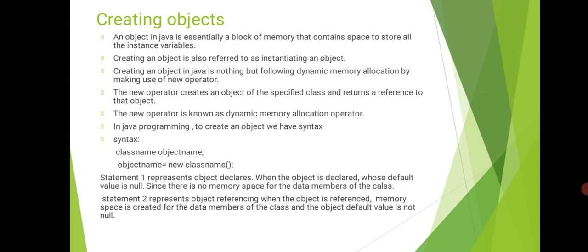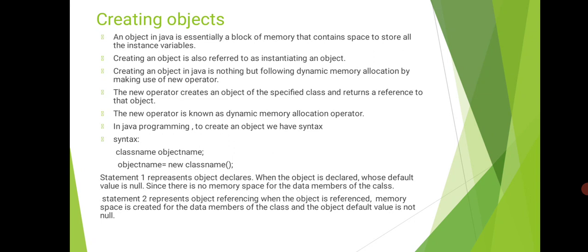In the second statement we use the new operator to create an object. So statement 2 represents object referencing. When the object is referenced, memory space is created for the data members of a class and the object's value is not null.